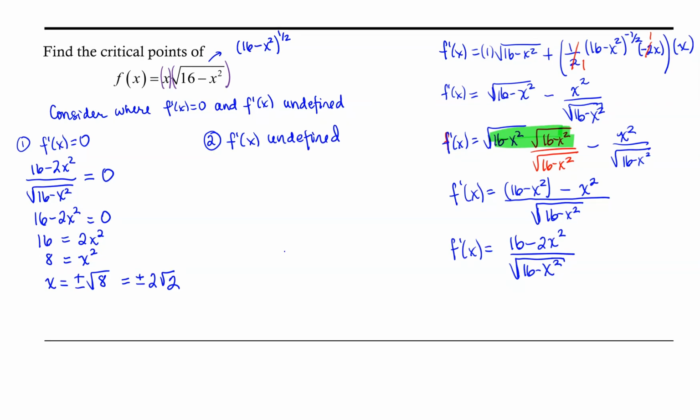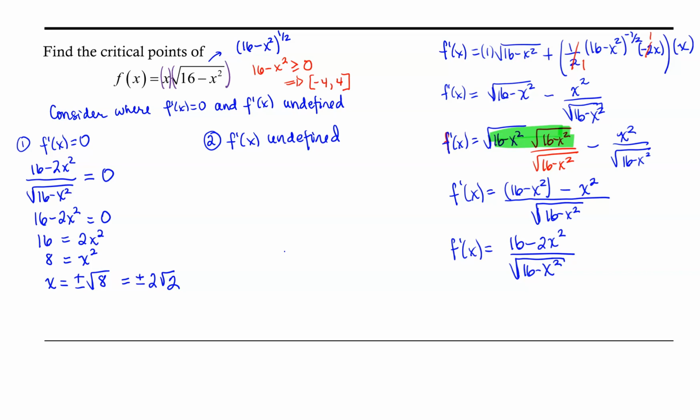Now, when we consider where our derivative is undefined, we need to remember that critical points must be on the interior of the domain of the function. So the domain of our function here, because of the square root, we know that 16 minus x squared must be greater than or equal to 0. And that really only happens when the values of x are between -4 and 4.